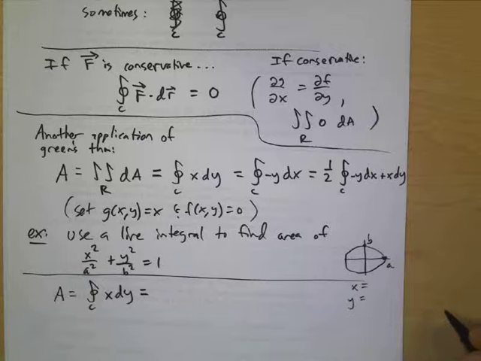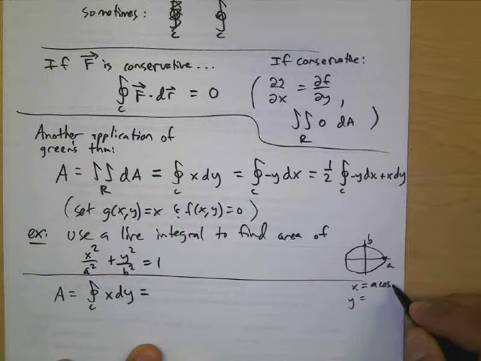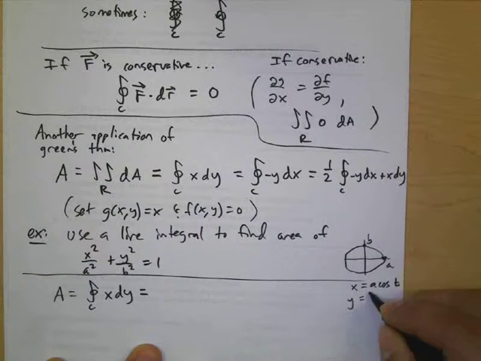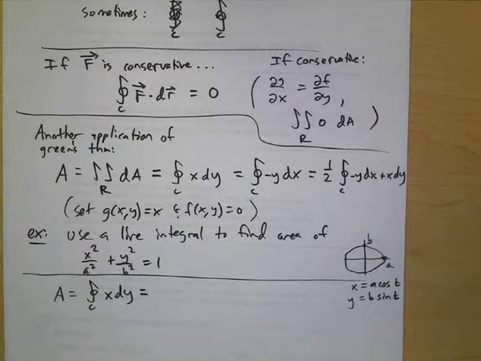It's a sine and cosine thing, yeah. Usually it's A cosine theta, or in this case we're going to use t. And then y would be B sine t. That's the standard parameterization for an ellipse. If this were a circle, then obviously A and B would be the same.